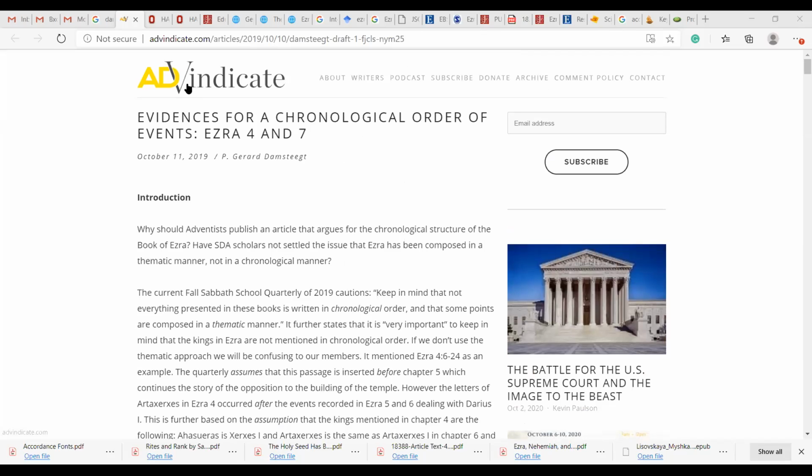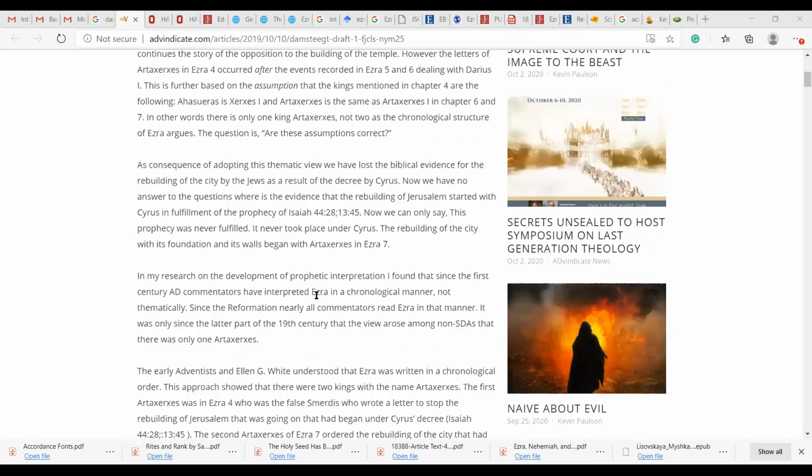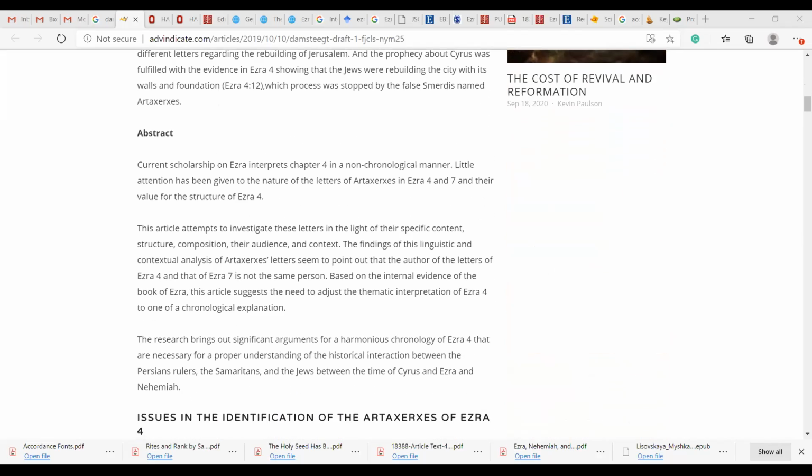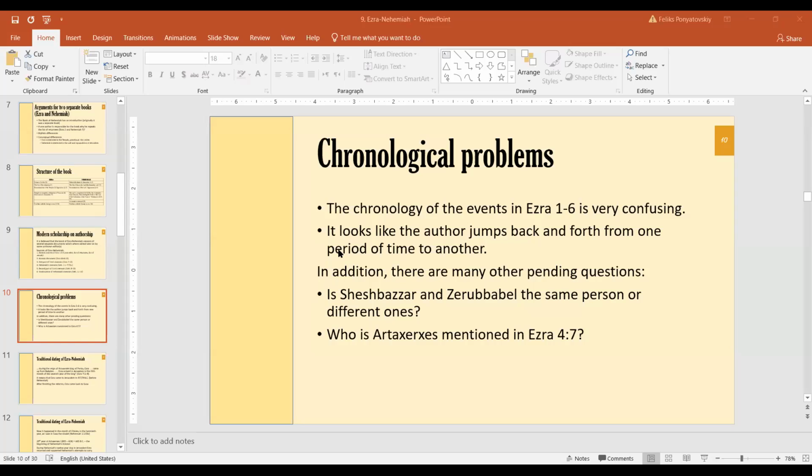If you want to read the article of Damsteegt, I can give you the reference to it, and you can go and read it, and you can know his arguments for this issue. I just want to mention it to you because maybe one day you will face this opposition, and you will see that people are divided.